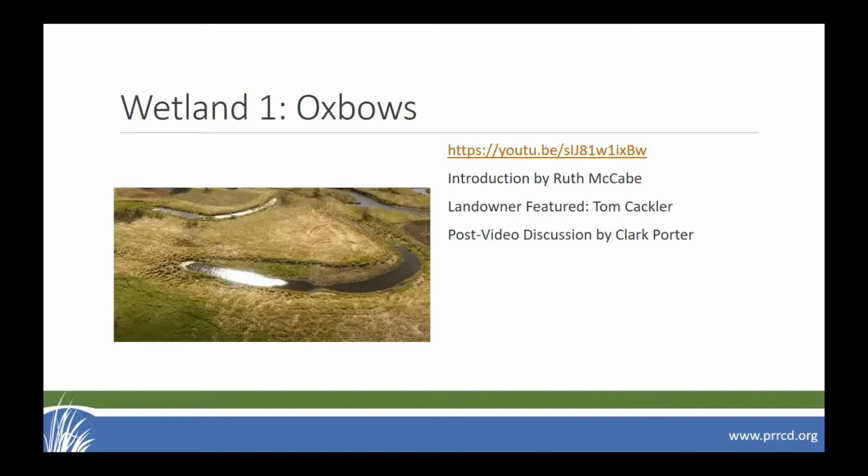We'll hear from Heartland Co-op conservation agronomist Ruth McCabe as she interviews Tom Cackler, who is the landowner who put in this oxbow on his land. And following this, we'll go into a discussion by Clark Porter, who will talk about the ins and outs of putting in an oxbow and what we're taking a look into here.